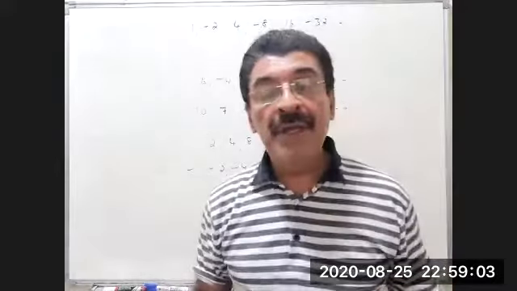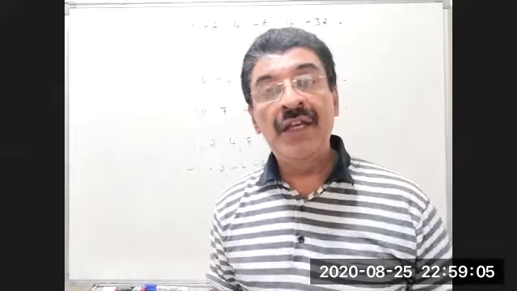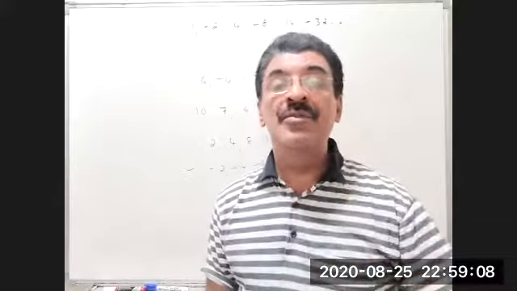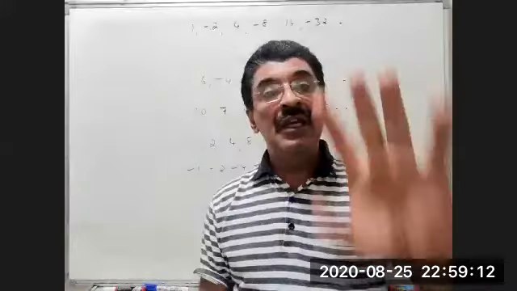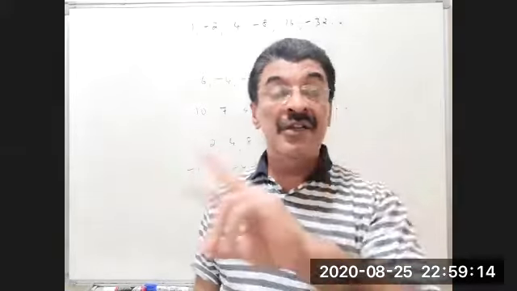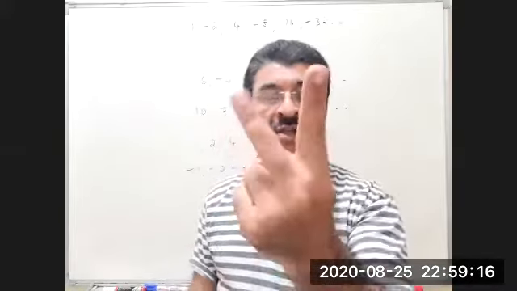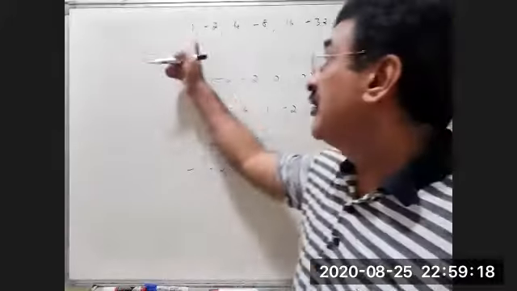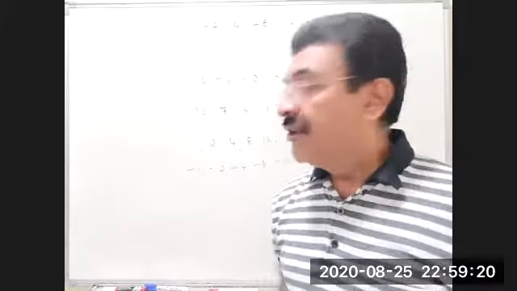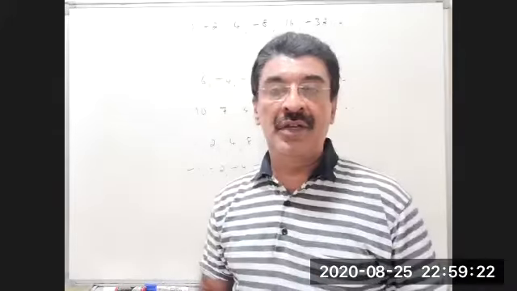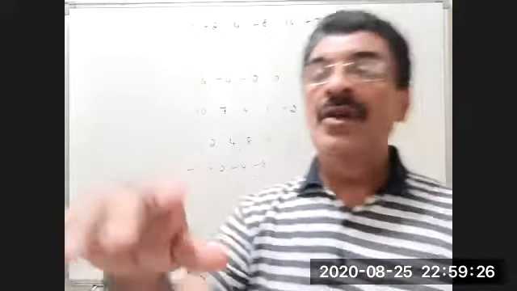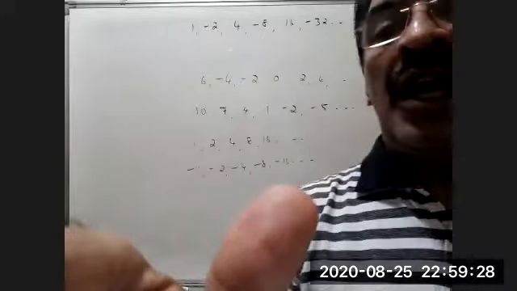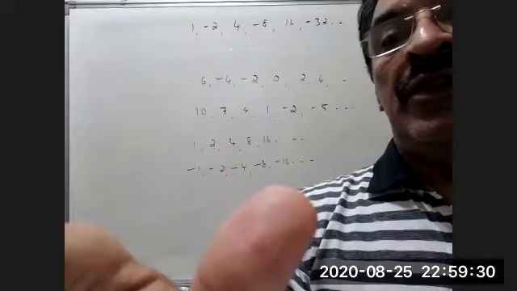So in GP, positives and negatives, if it comes, it can come alternately. Whereas in AP, we can never get positives and negatives as alternate terms. Two terms can be, but alternate terms like this, we can never get. So keep these things in mind. In GP, all positives are possible, all negatives possible, and positives and negatives alternately, that's also possible.